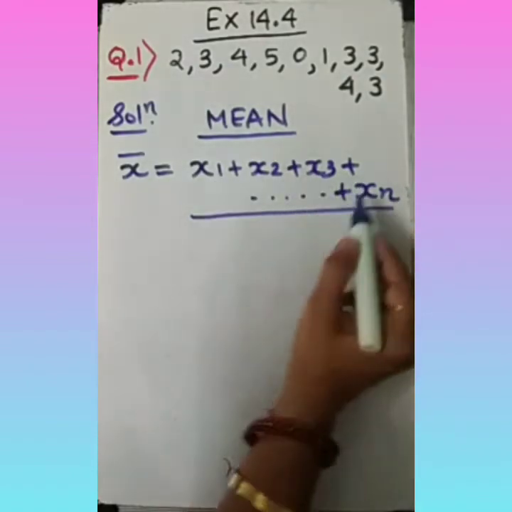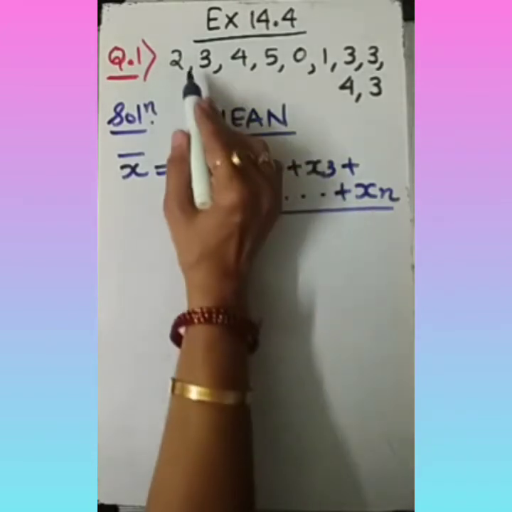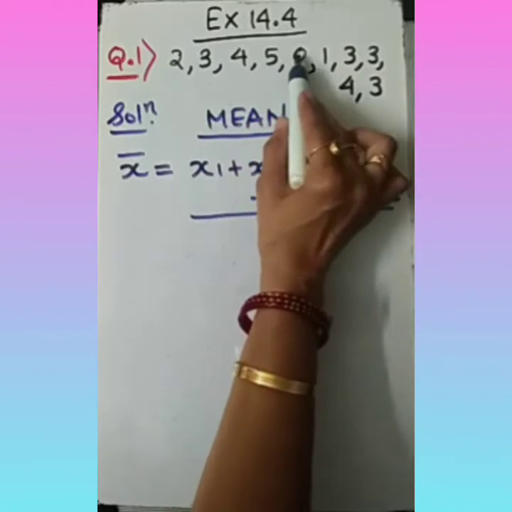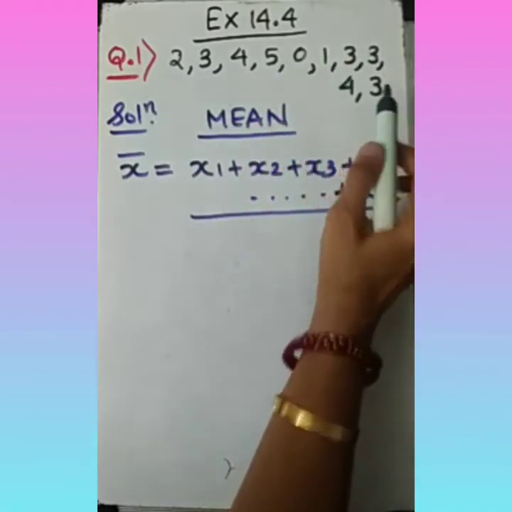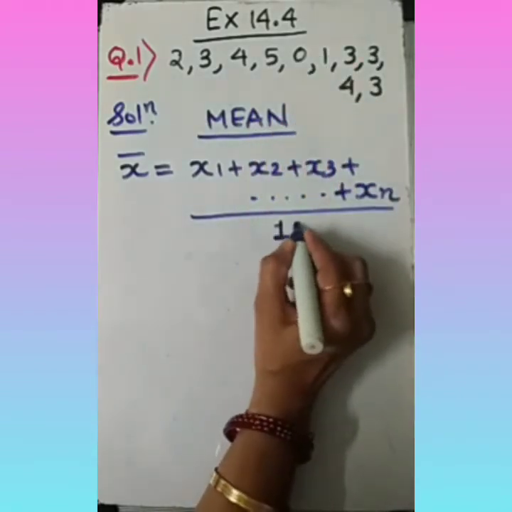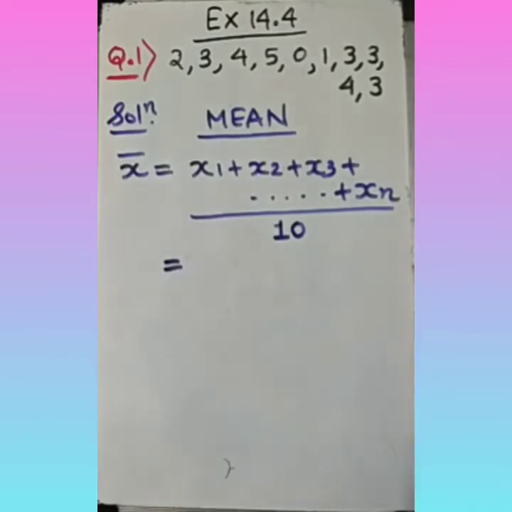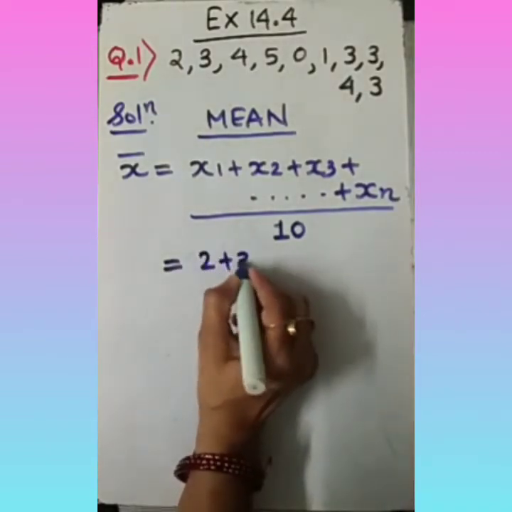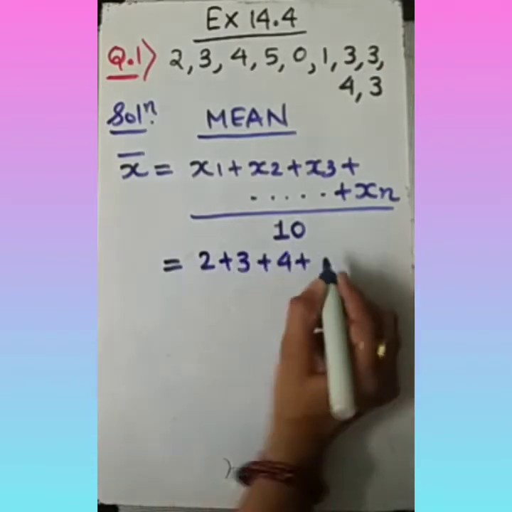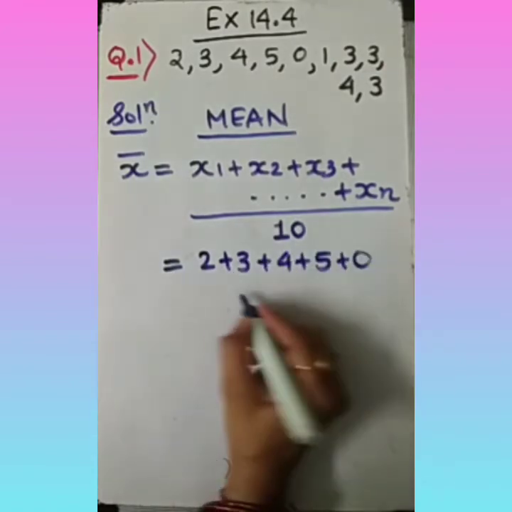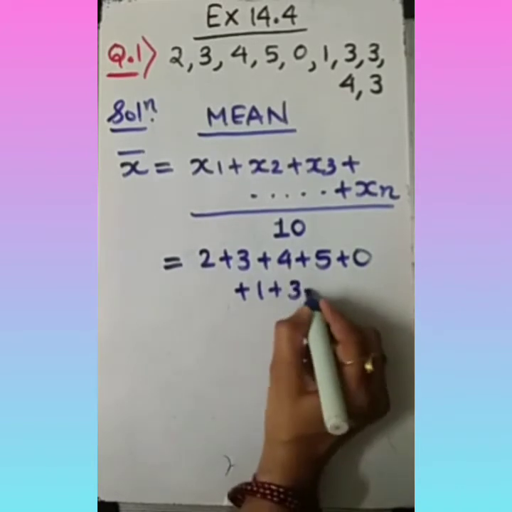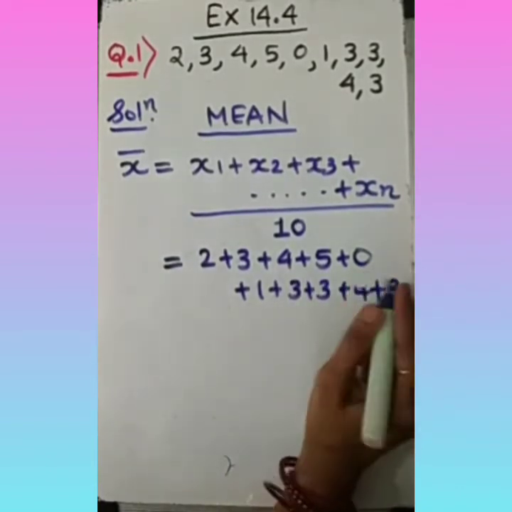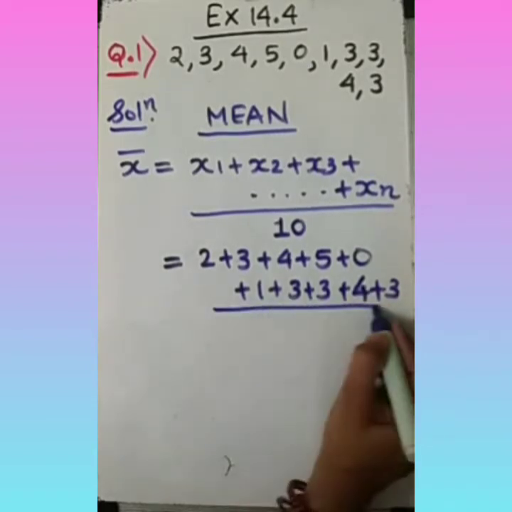All the observations which we are adding, and according to this, the total number of observations are 1, 2, 3, 4, 5, 6, 7, 8, 9, 10. So I need to divide by the total number of observations, that is 10. So if I add here 2 plus 3 plus 4 plus 5 plus 0 plus 1 plus 3 plus 3 plus 4 plus 3, it will be divided by 10.